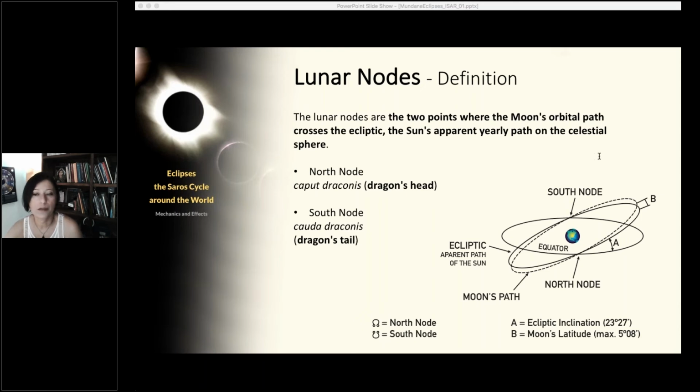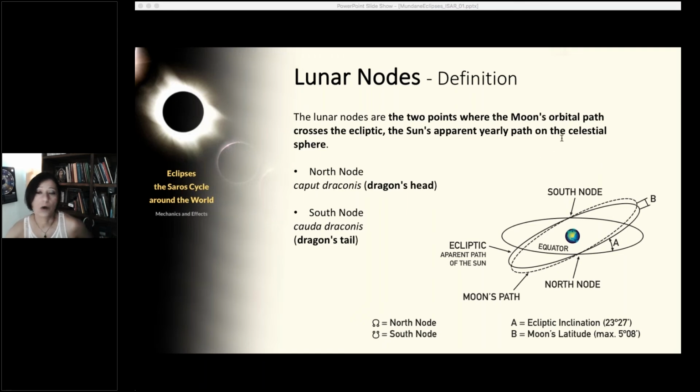Every month, the moon makes its way through the zodiac in this moon's path. And it forms new or full moons, but actually when the sun is close to the nodes, either the north node or the south node, is when the full moon or the new moon are going to appear as an eclipse.